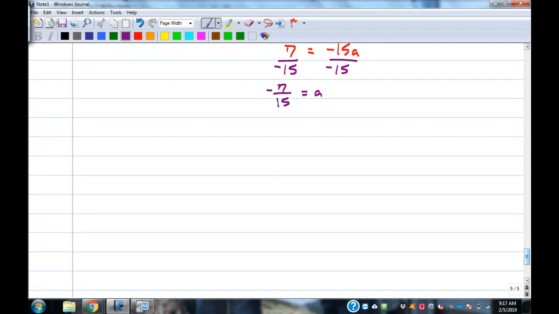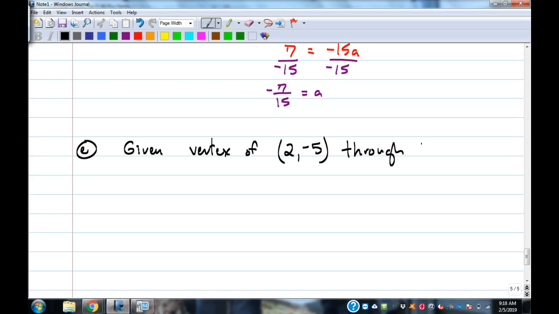Example E would be same idea, write the equation, but you're given a vertex of, say, (2, -5) through (0, 8). They gave you a vertex and another point.